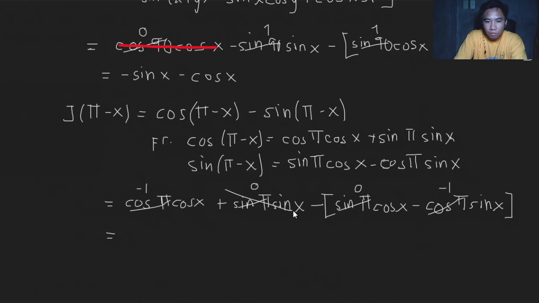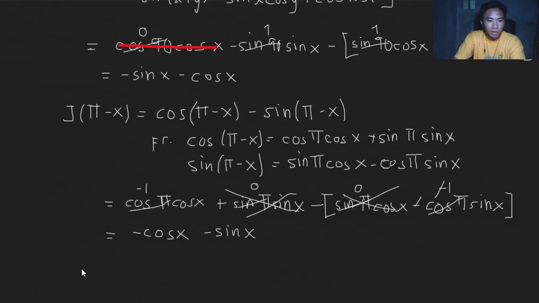So ito, mawawala na. Ito mawawala na rin. So we have negative times cosine x. So negative cosine x. Ito, negative times negative, so becomes positive. And then, may tira pa tayong negative sa labas. So negative sine x.